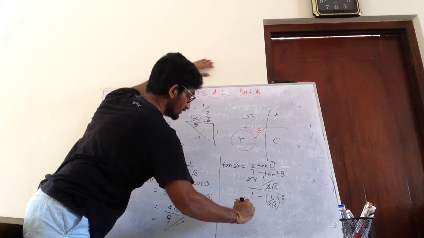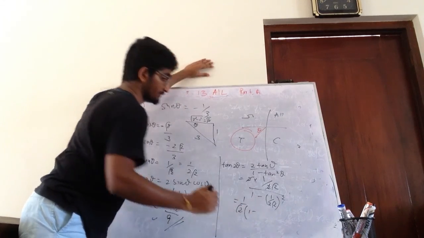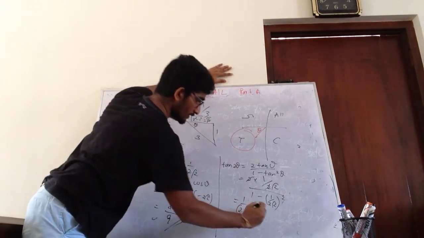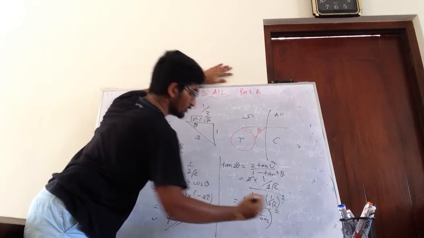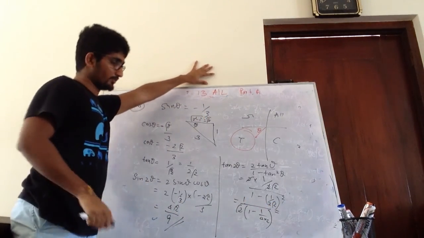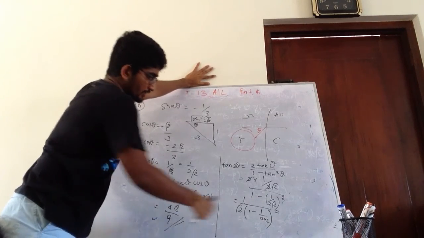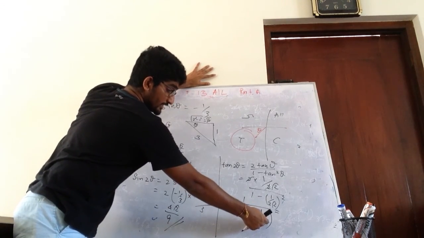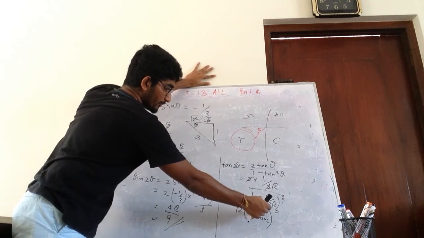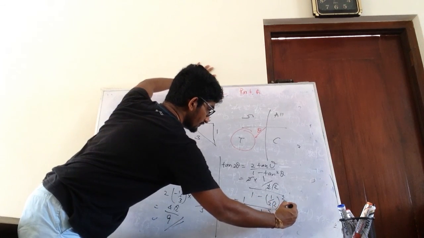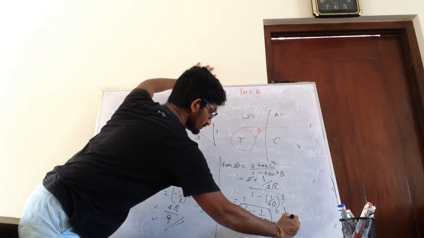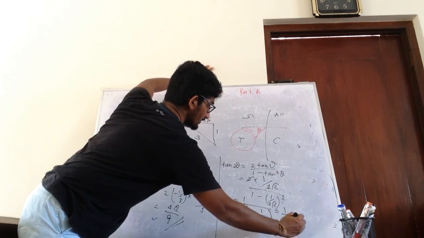So 1 over root 2, over 8 minus 1 by 8, that is 7 over 8.